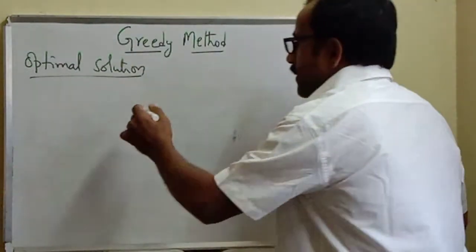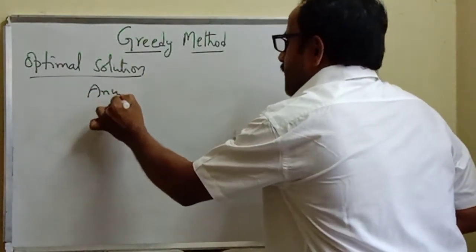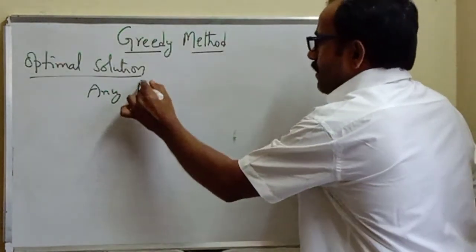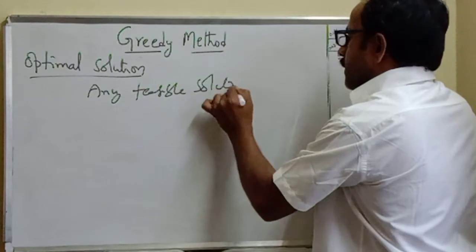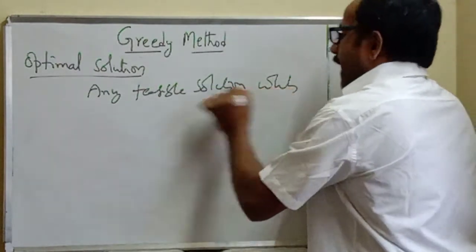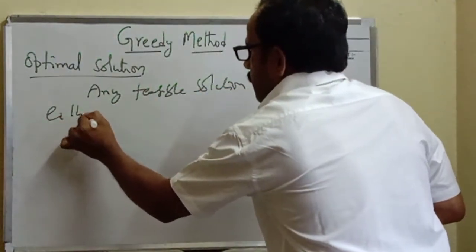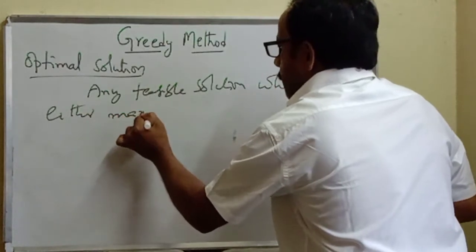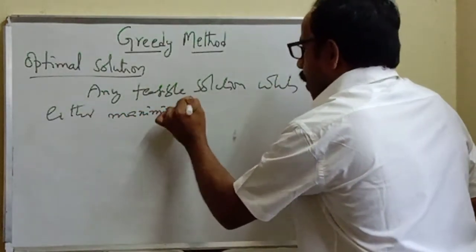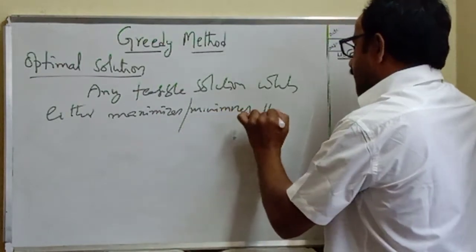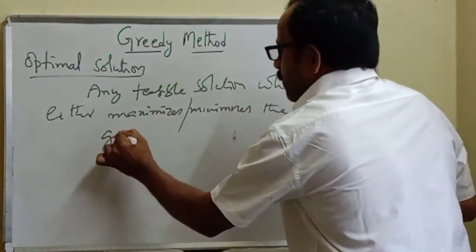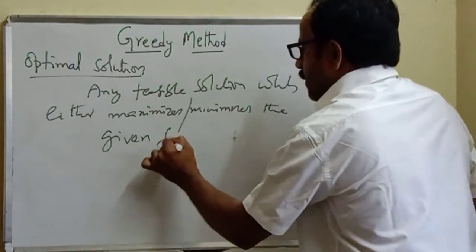An optimal solution is any feasible solution which either maximizes or minimizes the given objective function, because every problem has its own objective function.